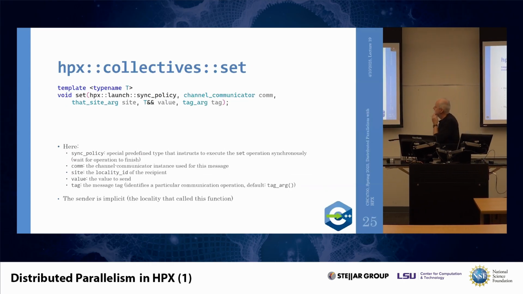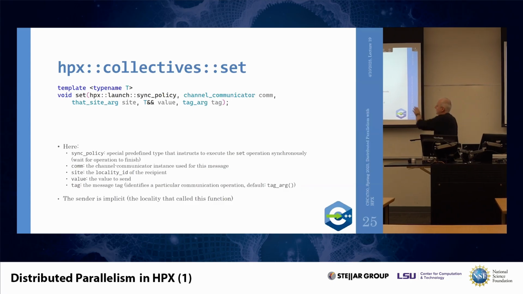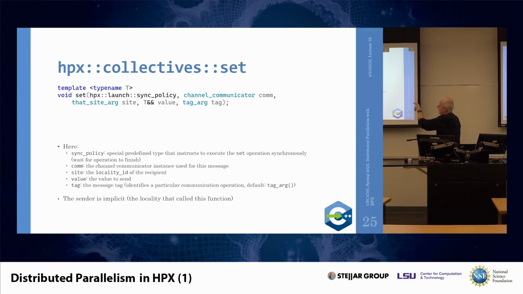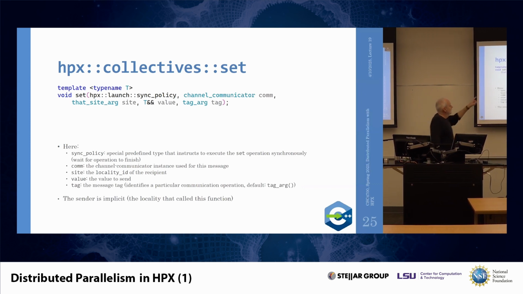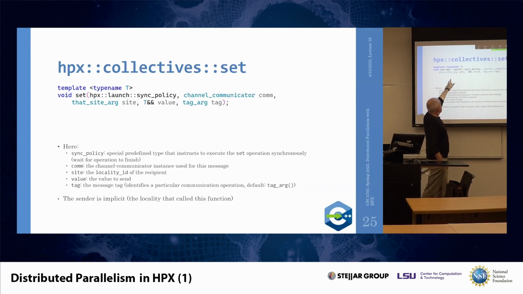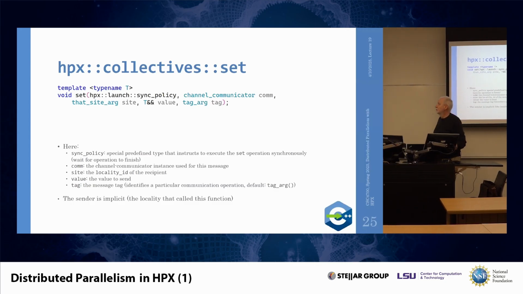Okay, so just to give you a sense of how these functions look. When you use a channel communicator, there is set. You pass it the communicator that should be used for the communication. You tell it where to send the data to, which is that site argument. You tell it what value to send over the wire, and what type.